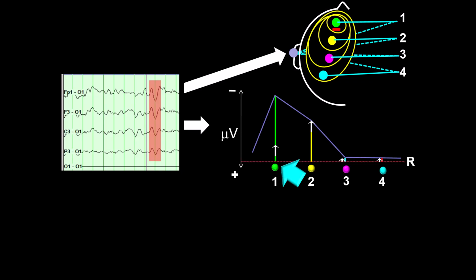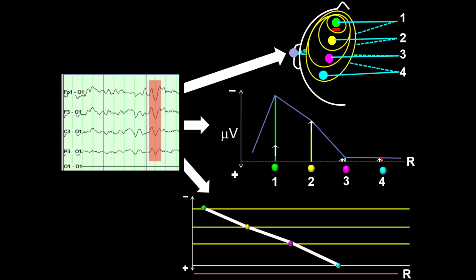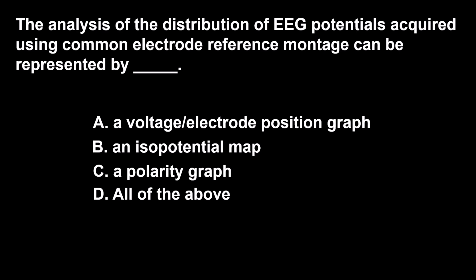Notice that the lines indicating the voltage arise from the position of the electrode and not from between the electrodes, as when representing this structure using bipolar montages. The third method that can be used to represent a common electrode reference montage is a polarity graph. So the answer to this question is D.